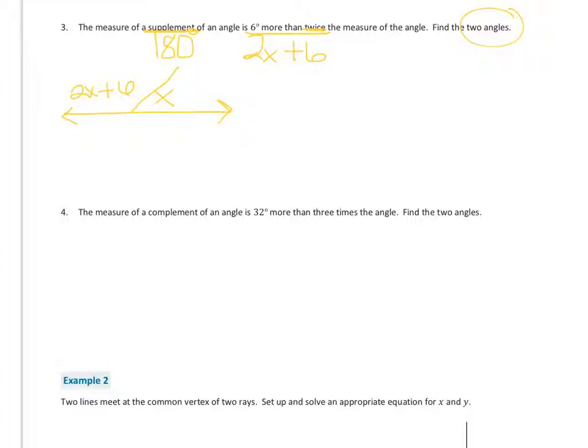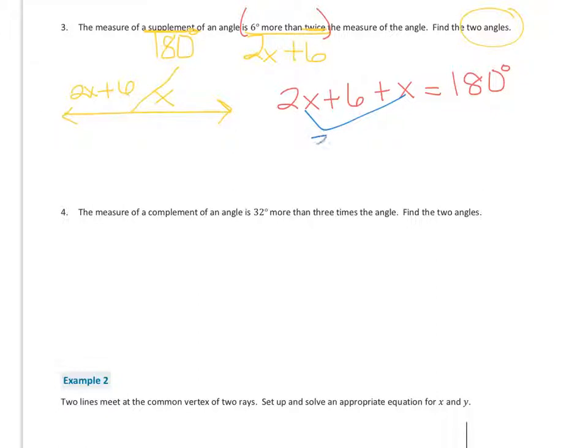You ready to set up another equation? 2x plus 6, and that's from that craziness there, plus my other angle are supplementary, so 180 degrees. Okay, so once I decode everything, I should just have an equation to solve.